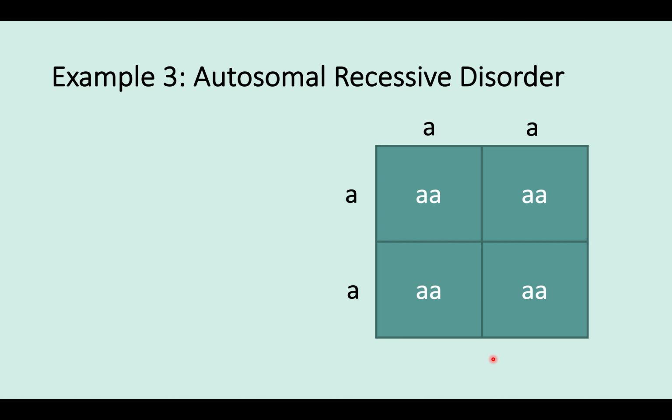In an autosomal recessive disorder, the parent must carry the homozygous recessive genotype to present the illness, and in this case, that is lowercase a. The cross shown here, meaning this parent and this parent, are two lowercase a, or homozygous recessive, genotype parents, which means that they have 100% lowercase a, or homozygous recessive, offspring.